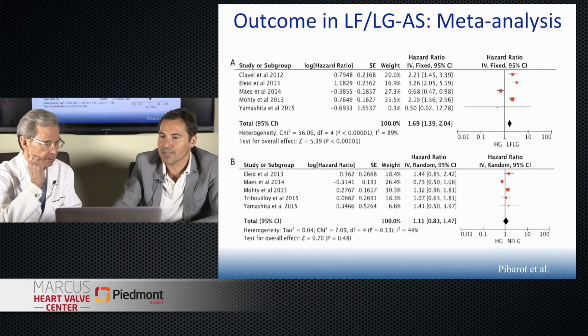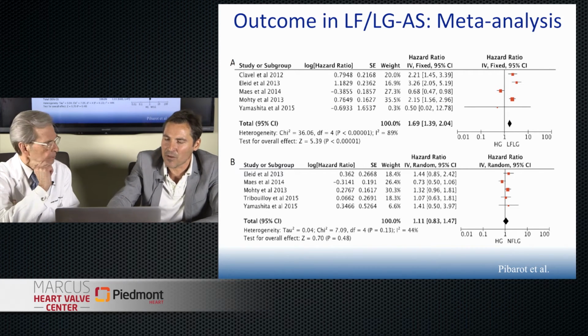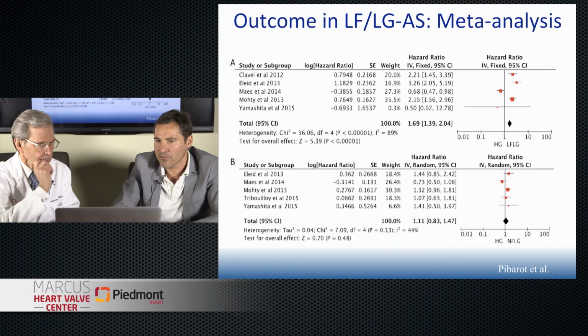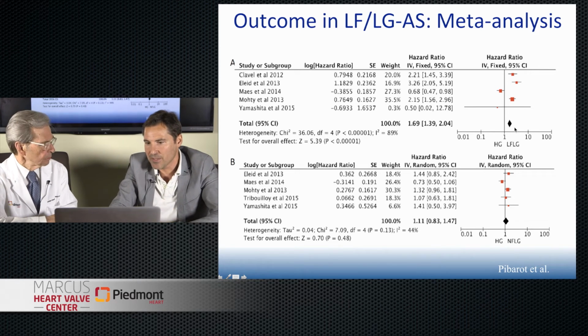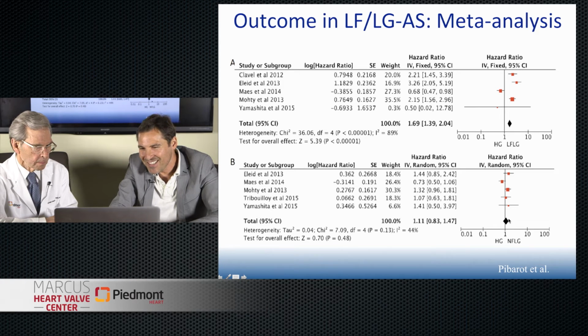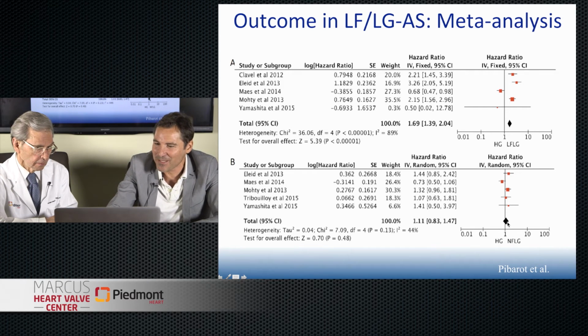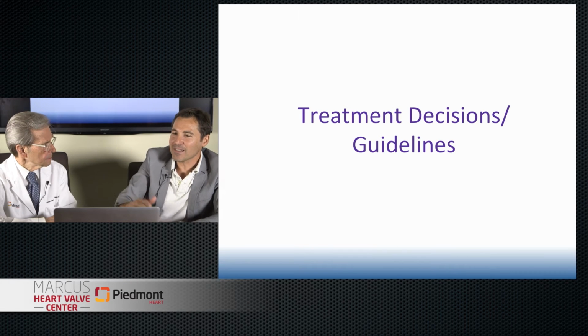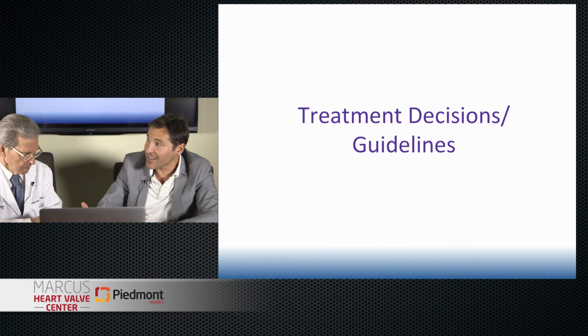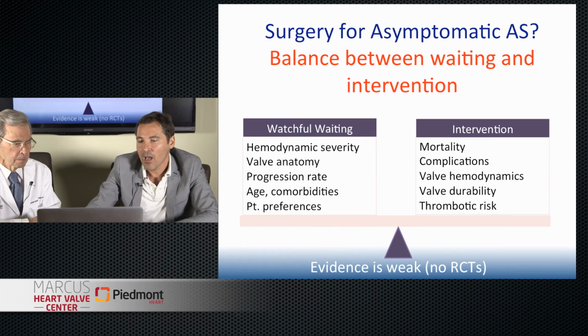Now, this is a meta-analysis from Philippe Pibarot, very interesting again, showing that if you have a low flow, the outcome is impaired. Correct. But here you can see that those with normal flow are getting maybe worse as compared to those with high gradient.